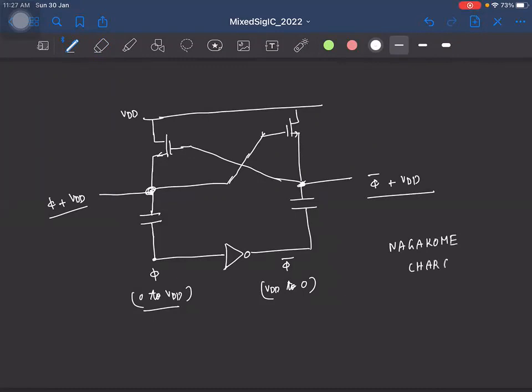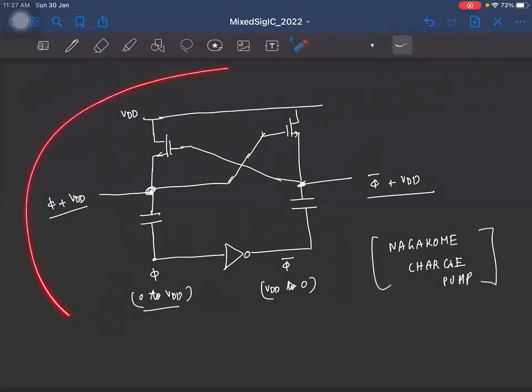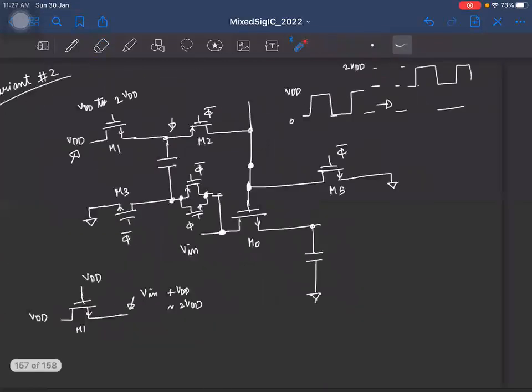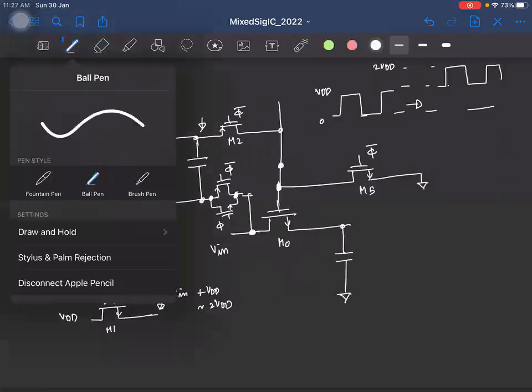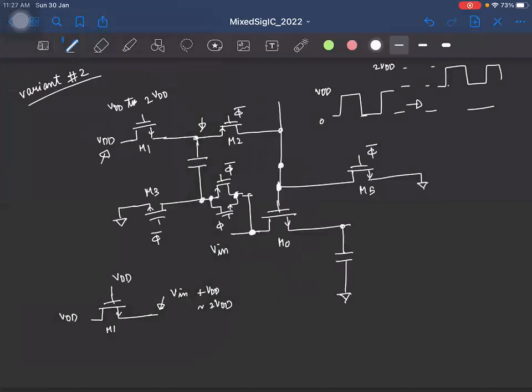Okay. And this was often used, okay, along with this circuit to generate this clock. Okay, and please note that this CM1 needs to be clocked with phi bar, so this had to be phi bar plus VDD.